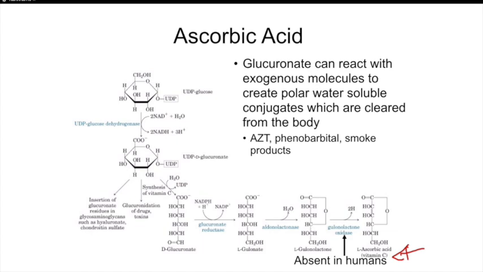The more polar it is, the more soluble it is in the bloodstream, and the more that it can be taken into the kidneys to be filtered out. And so a lot of different materials are linked to this particular sugar and create the modifications that can be filtered out, including drugs, smoke products, all sorts of different organic molecules that get into the body.